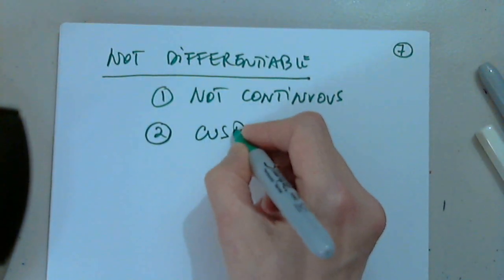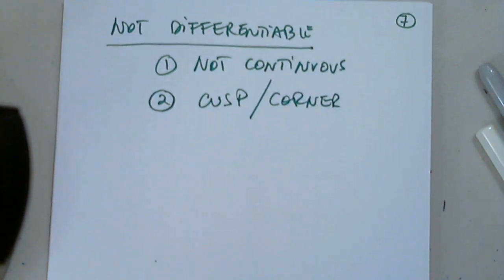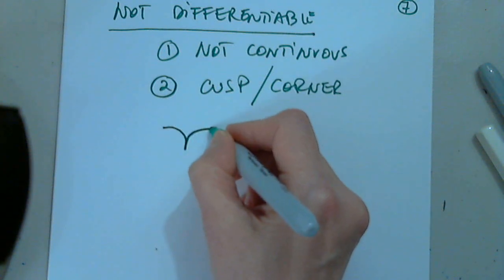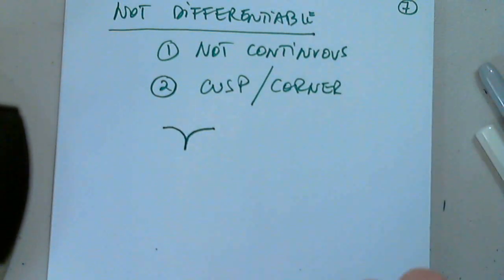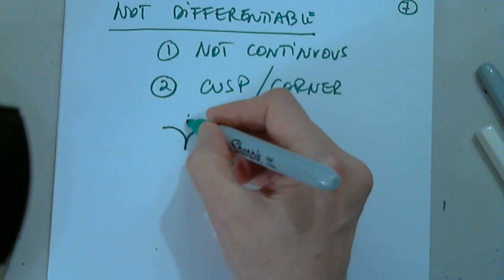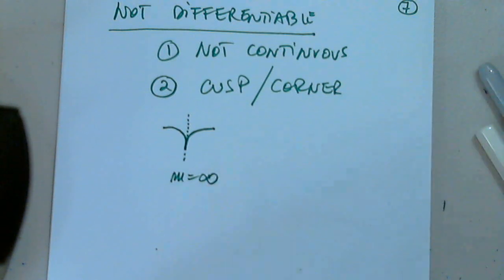Cusp or corner. What does this mean? Well, a function, this is like between two teeth. The function is continuous at this point, but it's not differentiable. Why? Because it has an infinite tangent, a tangent with a slope that is infinite.